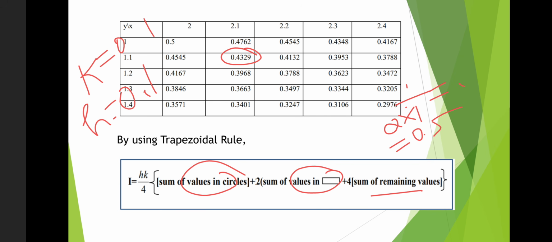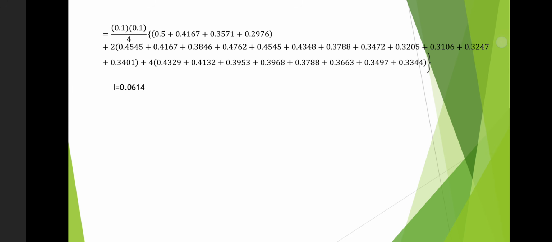The corner values, boundary values and interior values are identified from the table according to their positions in the grid. After multiplying each group by its corresponding weight and substituting them into the formula, we obtain the approximate value of the given integral. The detailed numerical calculations and the final results will be presented in the next slide.